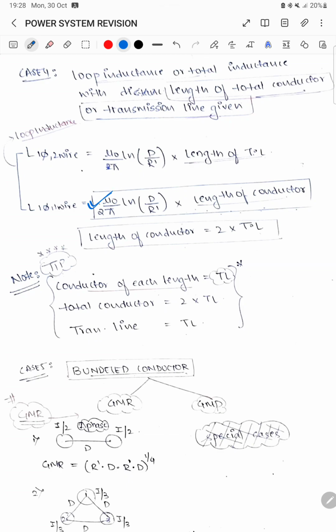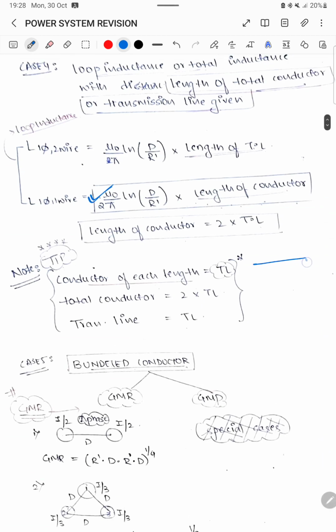Then you will multiply it by the length of each conductor or length of the transmission line, times 2. If the length of conductor is given, where going and outgoing together is called a conductor, you are not required to use that factor, because 2 is already considered in that. Fine.